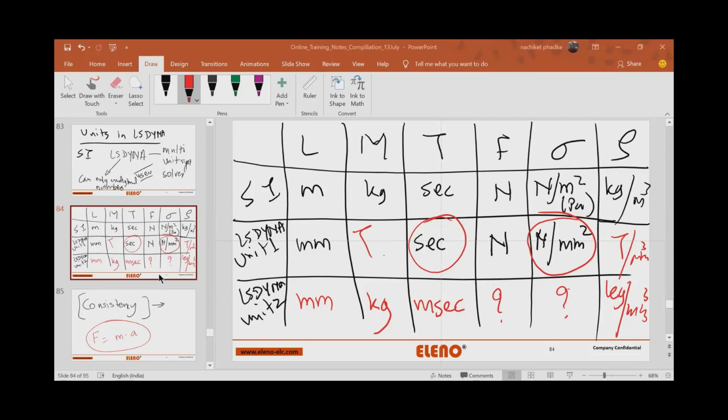What's the answer? Are you all able to get kilonewton as the answer for the force? Using this simple equation, force is equal to mass into acceleration. Have you all got kilonewton as the answer, and stress should be in gigapascal? Is it correct? You want me to assist you to get this answer?